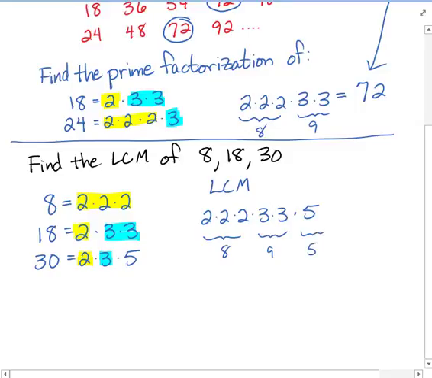And if we multiply those together, we should end up getting 360 as our LCM. So 360 is the smallest number that 8, 18, and 30 all go into.